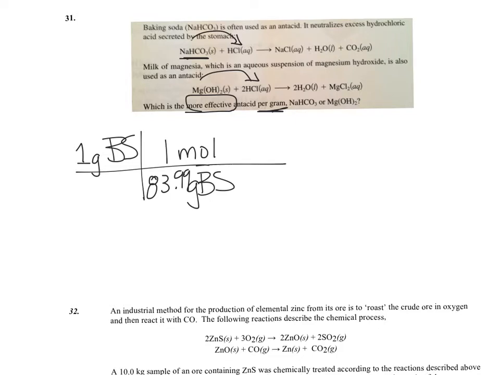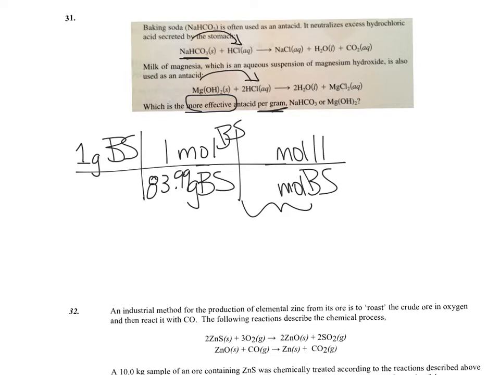And then I'm going to bring moles of baking soda down to the right. This is where we're going to relate it. This is my mole bridge or my mole ratio. I'm going to go to moles of hydrochloric acid that it reacts with. When I look at this, we're looking at our coefficients for our ratio. They're both 1s. So you're going to type that in, and you're going to get an answer. I'm going to go ahead and let you take care of that.